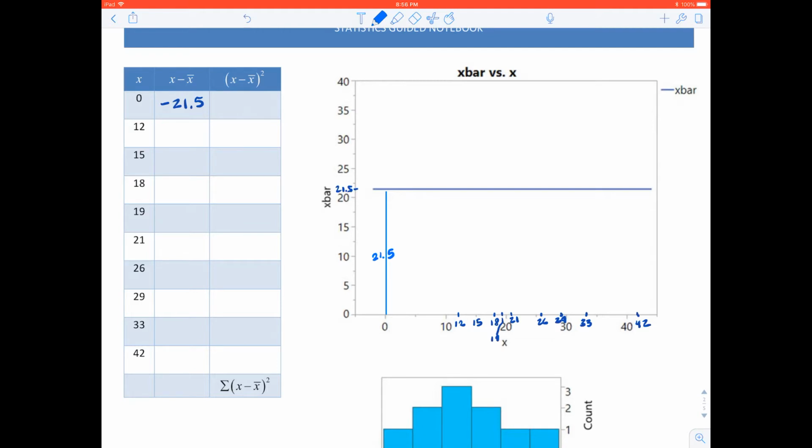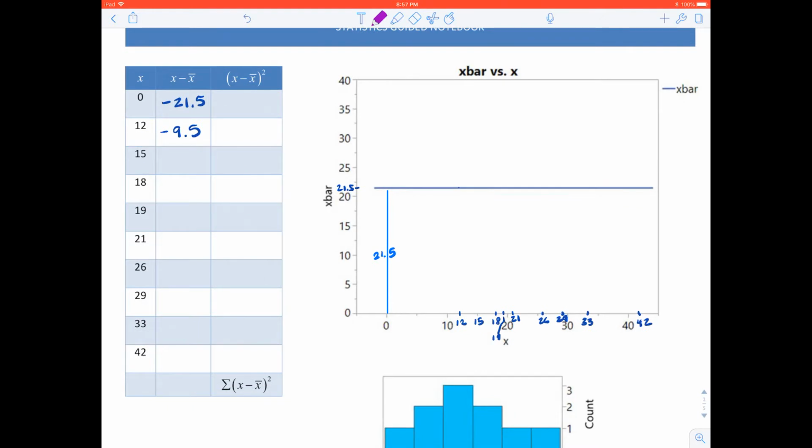Now if I continue on in that way, 12 minus 21.5, what do you get for that? What do you think? And that one will be, so if I start from the mean, 9.5 below 21.5 would be what? 10 below would give us 11.5, so I think we'd be at about 12.